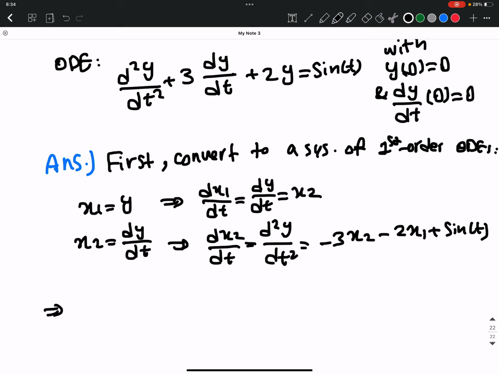Okay, so let's put this into matrix form. This gives me d/dt of (x1, x2), just two equations now instead of one.